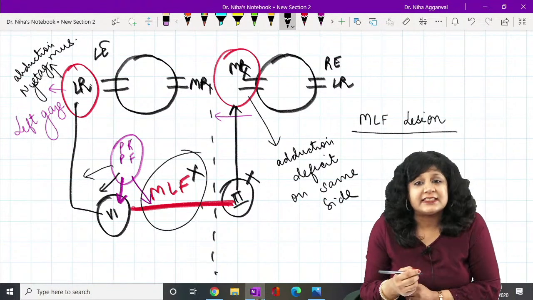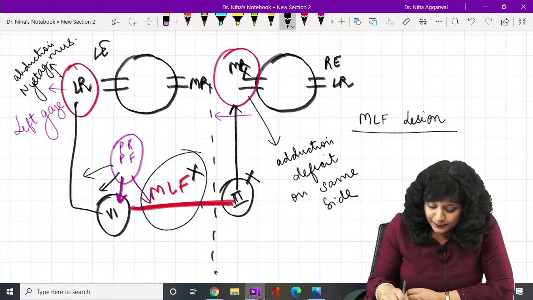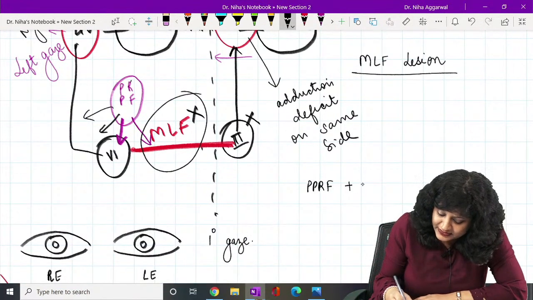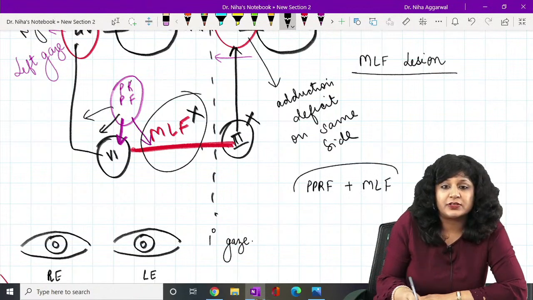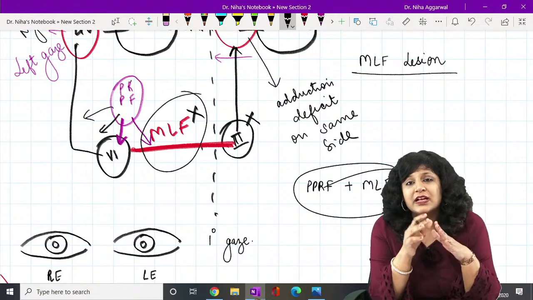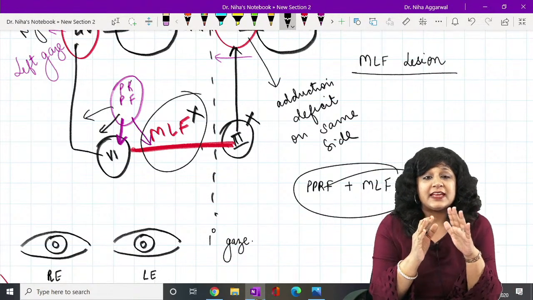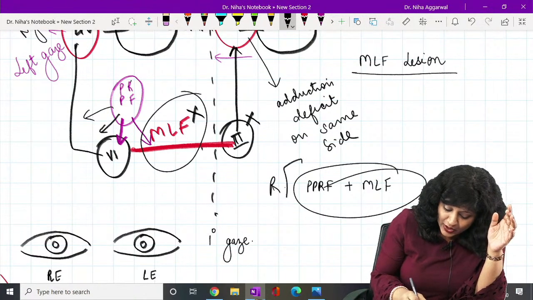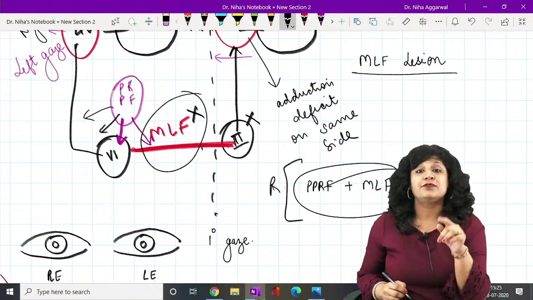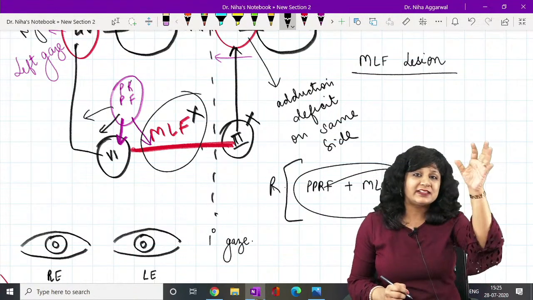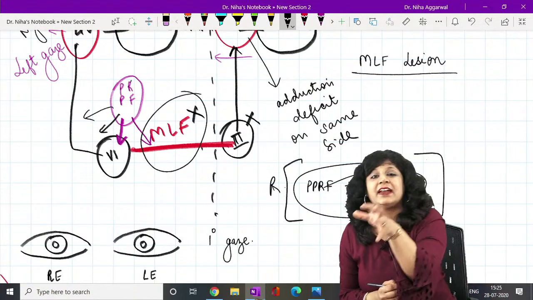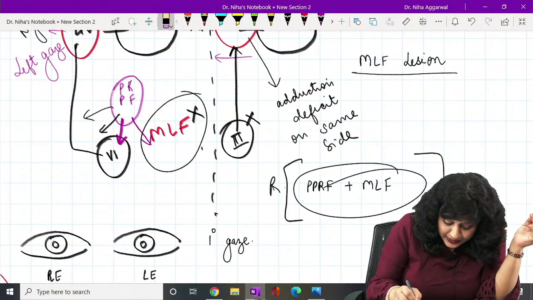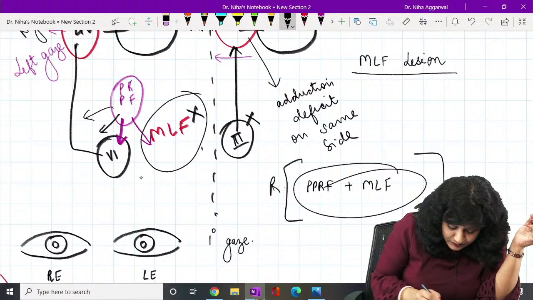Now suppose I say that there is a problem with the PPRF plus the medial longitudinal fasciculus. So you have to consider now, if I am saying that there is a problem with the PPRF, maybe right side, then you have to consider both the things of the same side, not like this, that PPRF of this side and the medial longitudinal fasciculus of other side, because they are actually present on the other side.